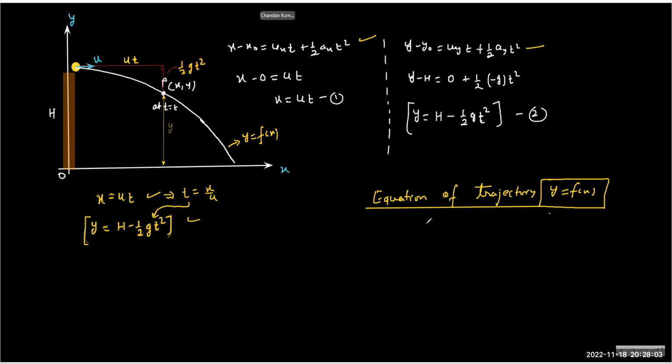Because x is ut and y equals h minus half gt square. So what you are supposed to do? Substitute the common variable. Understood?